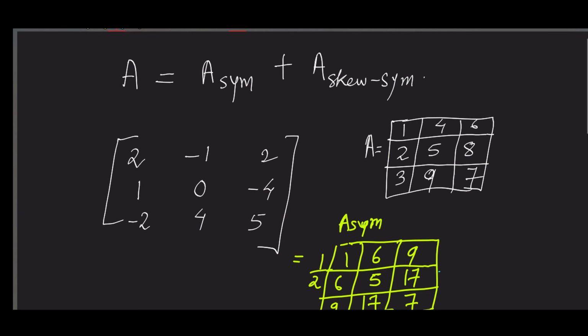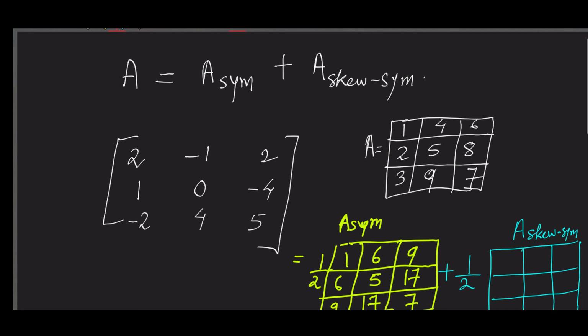Now this one will be the skew symmetric. Again here it will be 1, 5, 7.